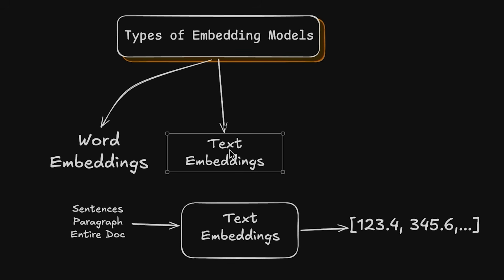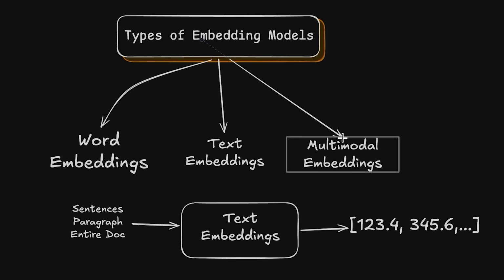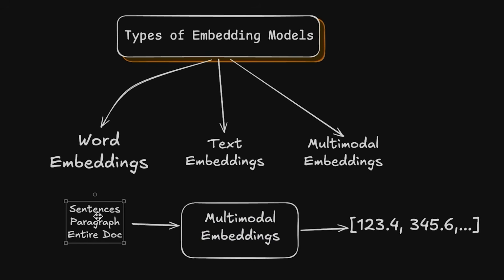And the third type that we have, and this is very popular nowadays, is the multimodal embeddings. What multimodal embeddings do is that along with sentences, paragraphs, and entire documents, you can also generate embeddings for images.